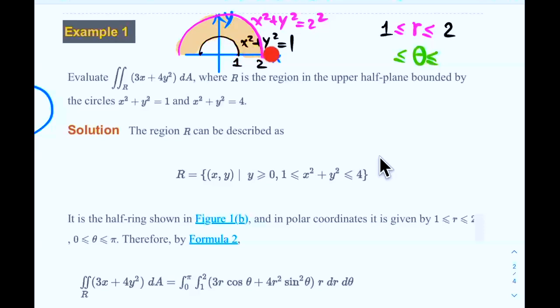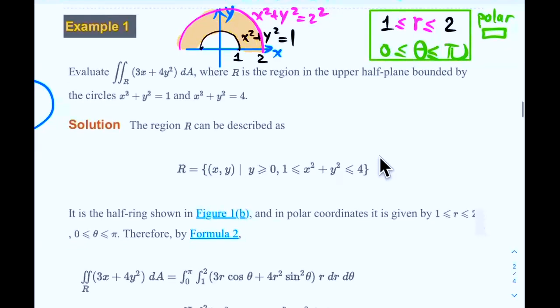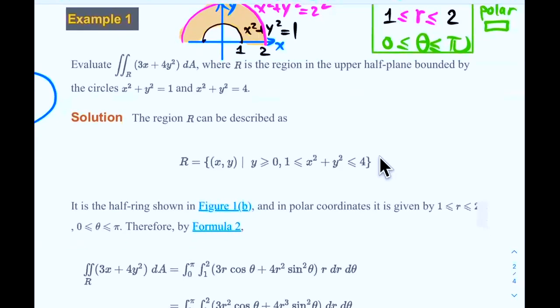If it's here, theta will be equal to 0. And if it's here, theta will be pi. So between 0 and pi. So indeed, this is a polar rectangle.